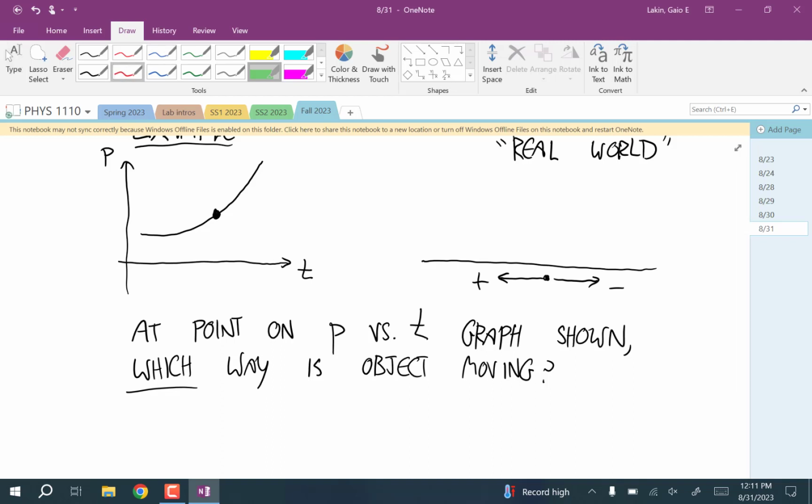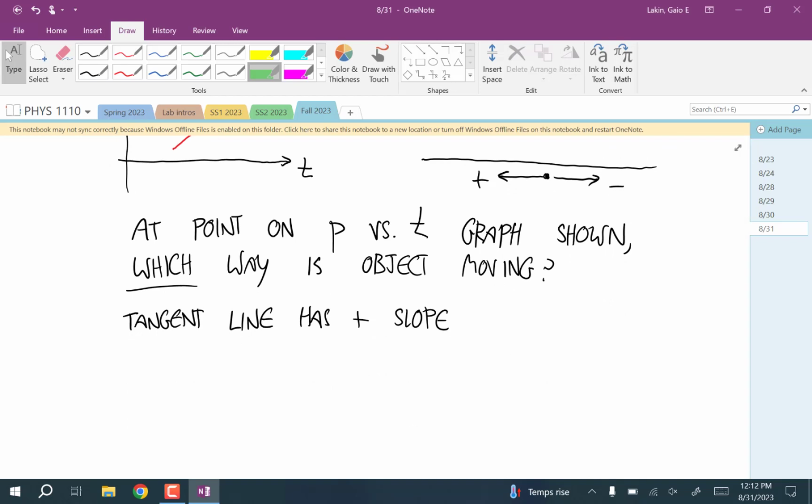All right, so to draw the tangent line, draw the two nearby points, draw the line through it. The tangent line has a positive slope. So the velocity is positive.